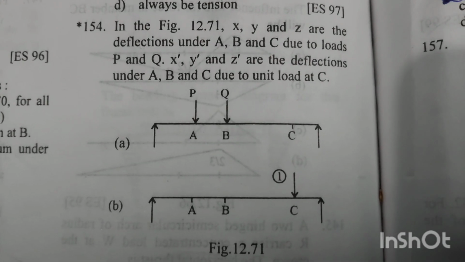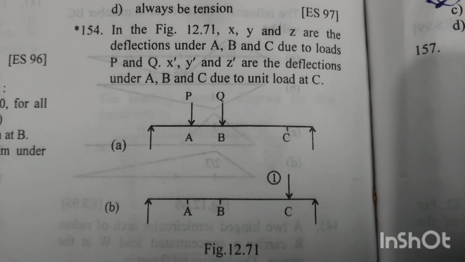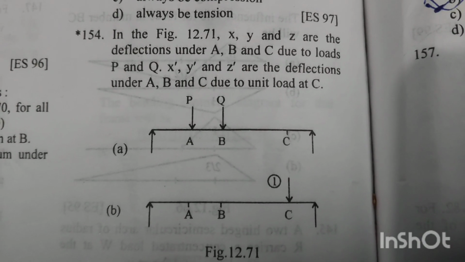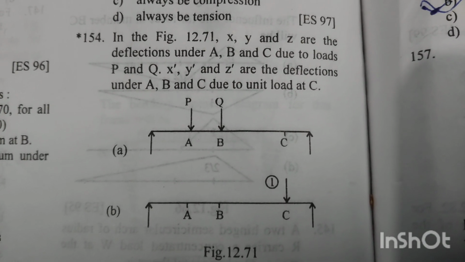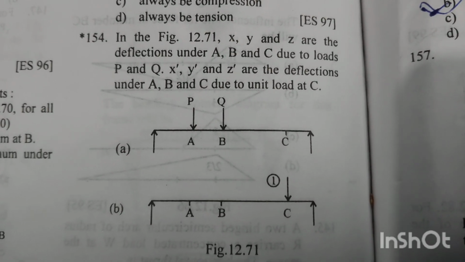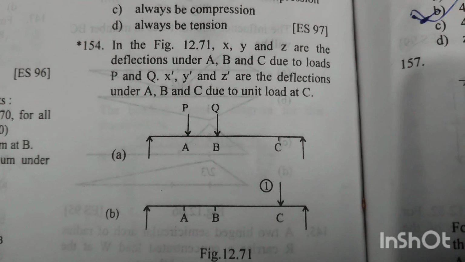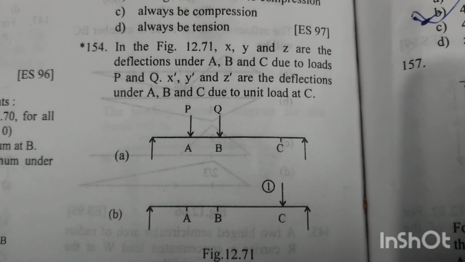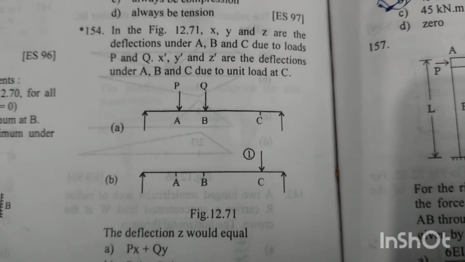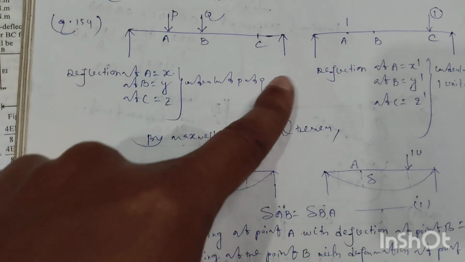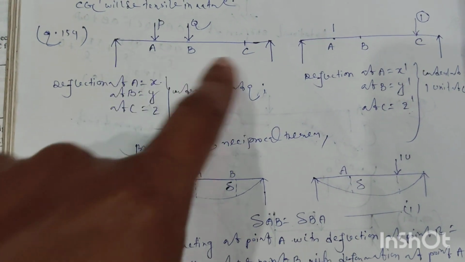Question number 154. In figure 12.71, X, Y and Z are the deflections under A, B and C due to loads P and Q. X dash, Y dash and Z dash are the deflections under A, B and C due to unit load at point C. The deflection Z would equal. In the first case, this is a simply supported beam.